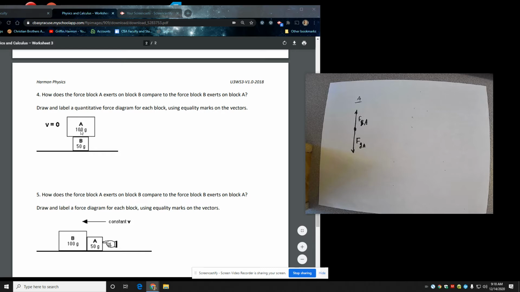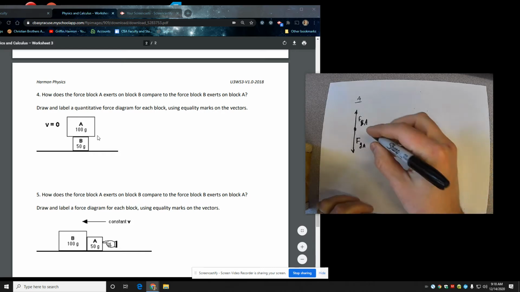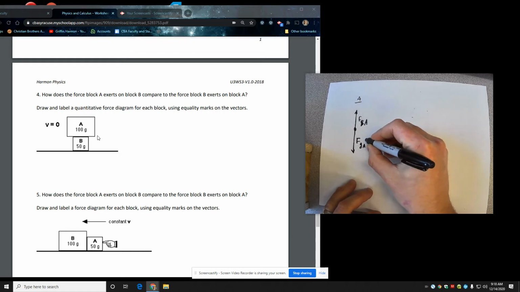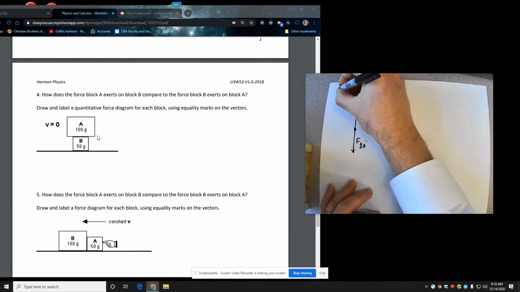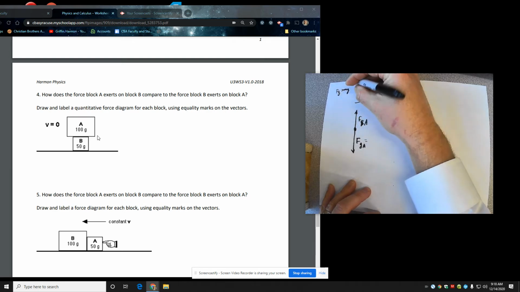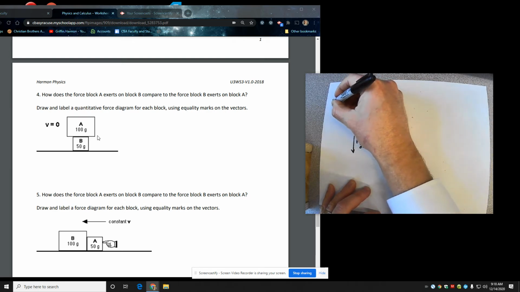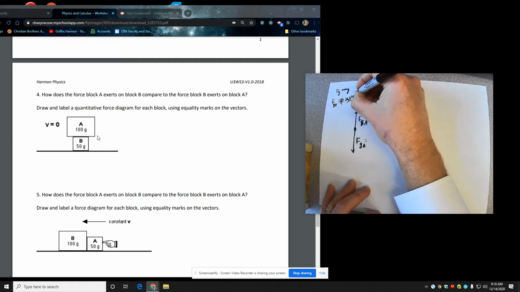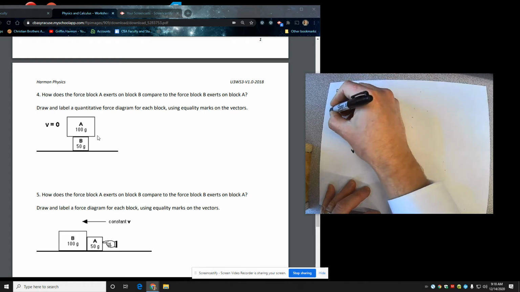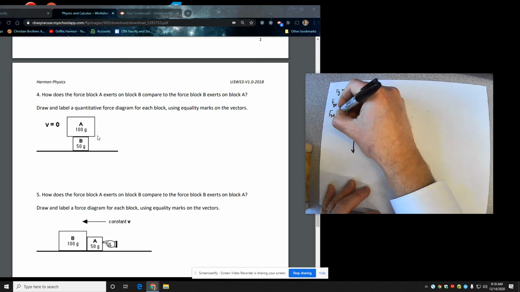Now it says to make this quantitative. All right. Well, I can calculate FG on A. So remember, FG equals mg, right? FGA is mA, which is 0.1 kilograms, times g, which is about 9.8 newtons per kilogram. FGA is about 1 newton.